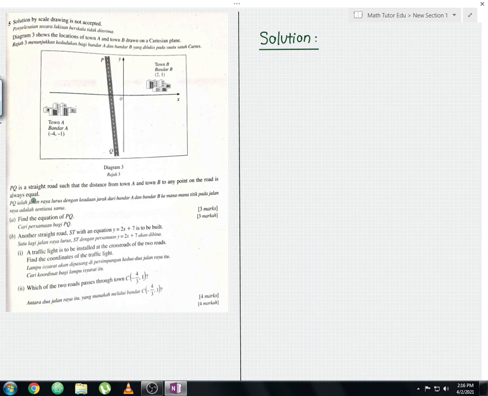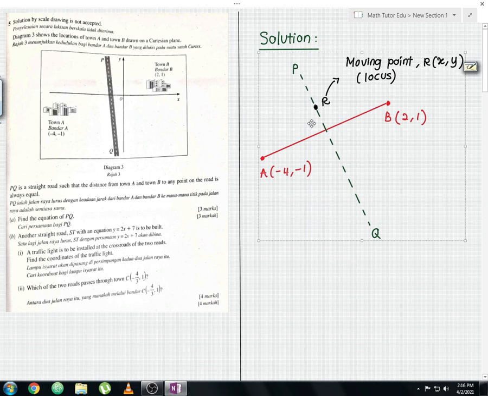Still don't understand? No problem, guys. I've already completed a sketch for you, so you can have a look at it now. Let me show you the completed sketch according to the diagram 3 here. So this is the completed diagram.